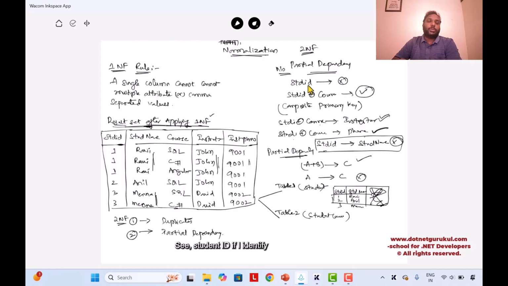If I identify the primary key here, student ID can't be the primary key. It should be the student ID and the course, which is nothing but the composite primary key. All the values should be derived from the composite primary key itself. The part of your primary key, student ID, should not determine another column. But the problem here is that student ID determines the student name.